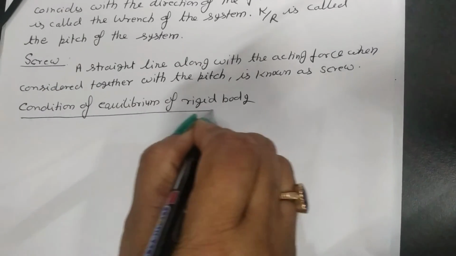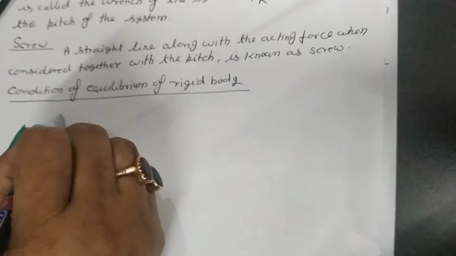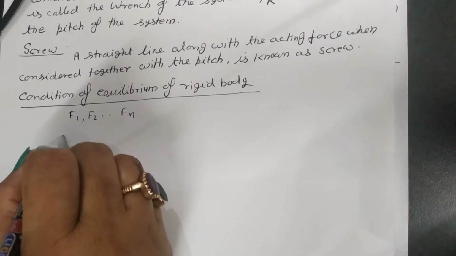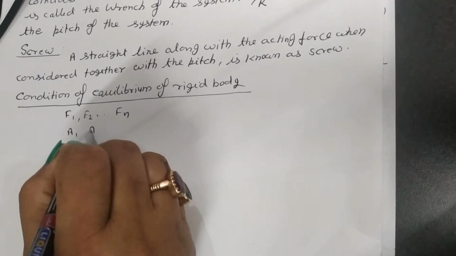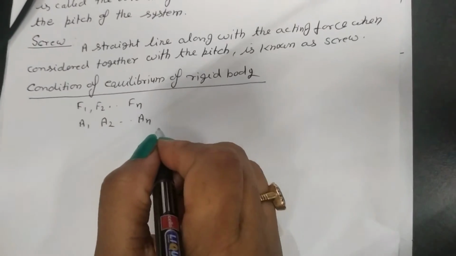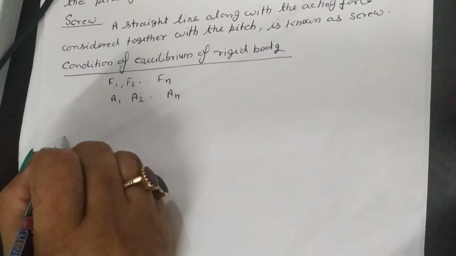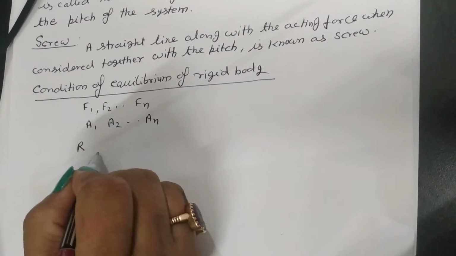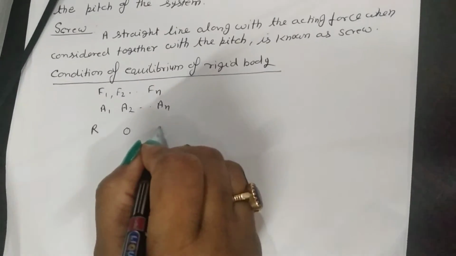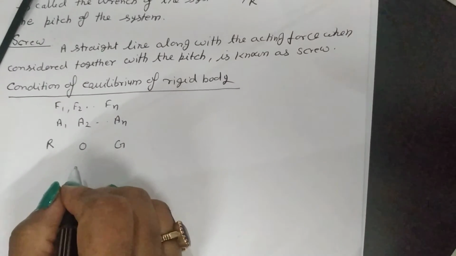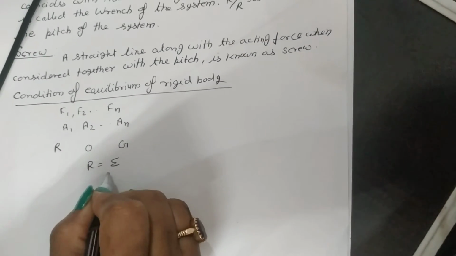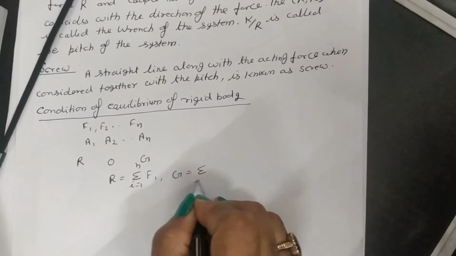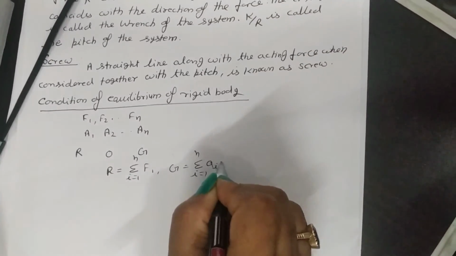Corresponding to this, we see how the condition for an equilibrium body arises. If the forces F1, F2 and Fn are acting at points A1, A2 and An respectively on a body, and we reduce the system into a single force R acting at an arbitrary point O and a couple having moment G whose axis passes through O, then R is defined as sigma i varying from 1 to n Fi, and G is defined as sigma i varying from 1 to n Ai cross Fi.